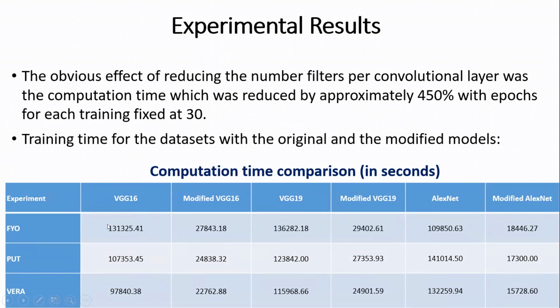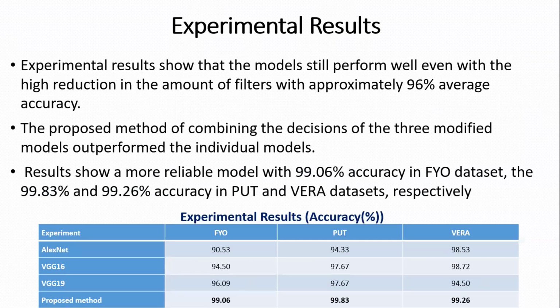As you can see, for example, if you look at the first one here, the time is in seconds. It's 6 digits compared to just 5 digits. So if you divide them, you see that we have approximately 450% reduction in training time when you use the model that we propose.